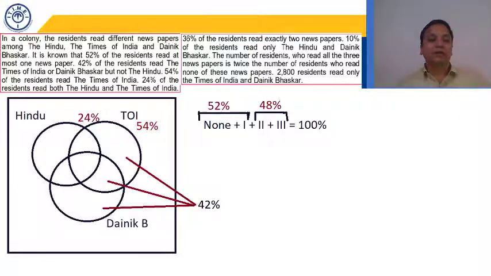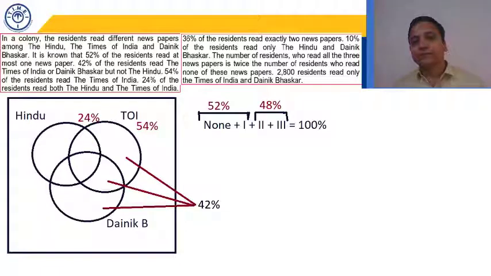All three plus only Hindu and Times of India add up to 24%.